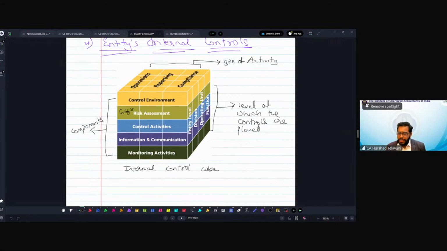Okay, Hemant, yes, somewhat related. I'll explain information and communication. To perform any control, any activity, you need to have information and you need to have communication channels open.